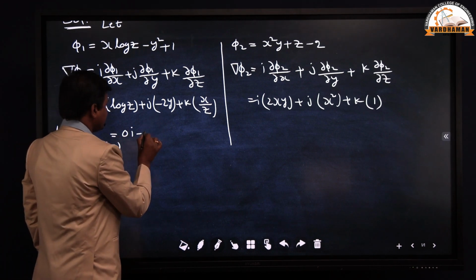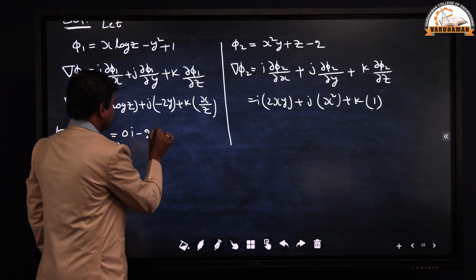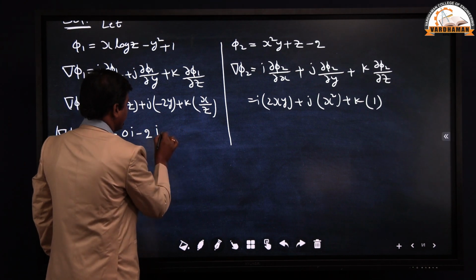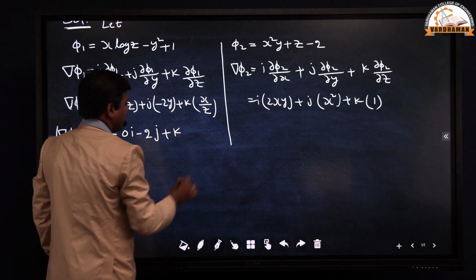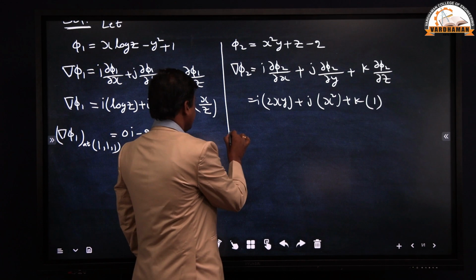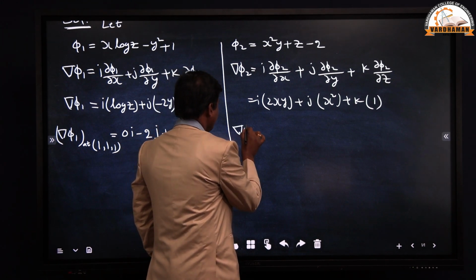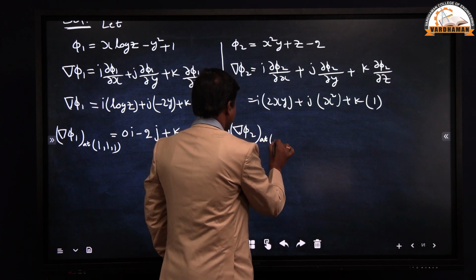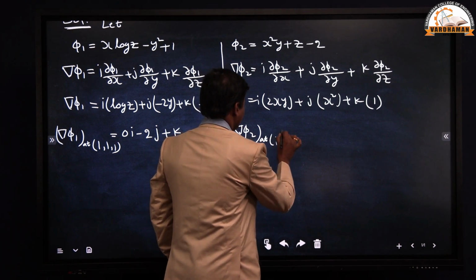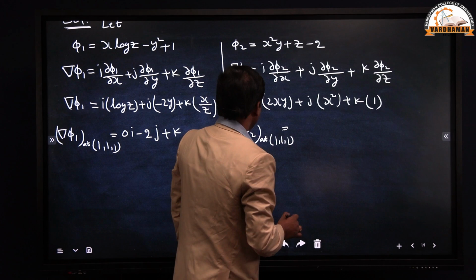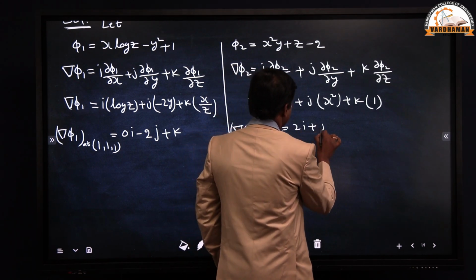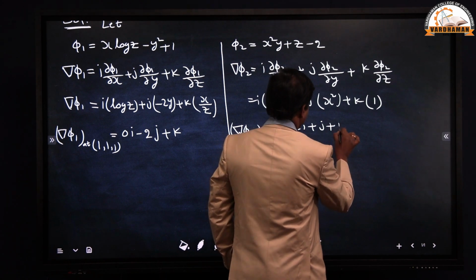So minus 2j. Next x is 1 and z is 1 plus k. Next del pi 2 at 1, 1, 1. So 2i plus j plus k.